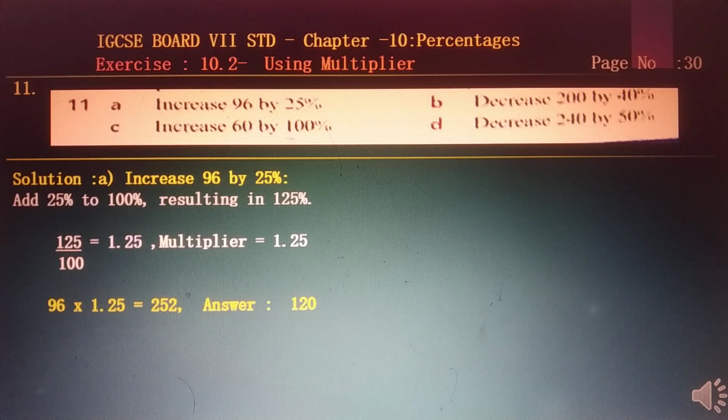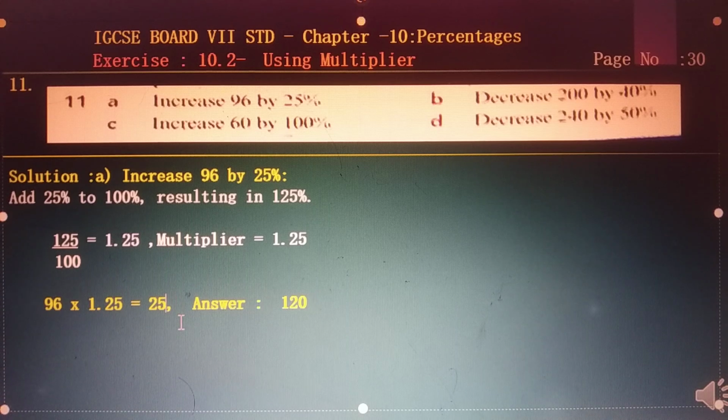Add 25% to 100, finally we are getting 125%. 125 upon 100, the multiplier is 1.25. 1.25 multiplied with 96, we are getting 120. The answer is 120.